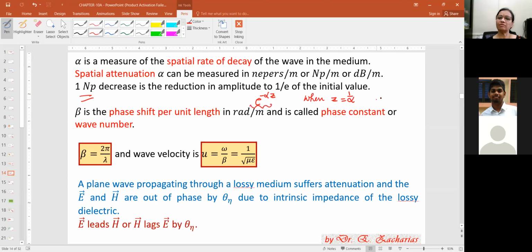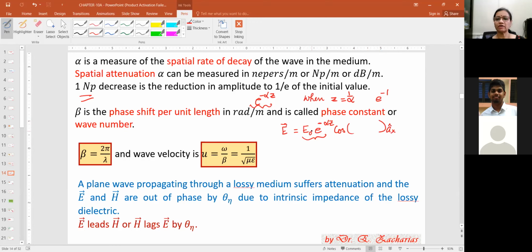The attenuation part will become e to the power of minus 1. Yes or no? Guys, E equal to E naught e to the power of minus alpha z into cosine of the rest. Okay, and it is along the ax cap direction, let us say.